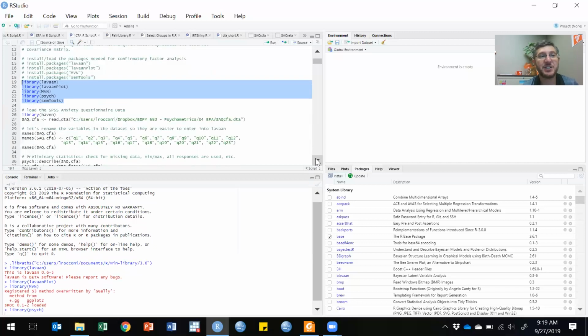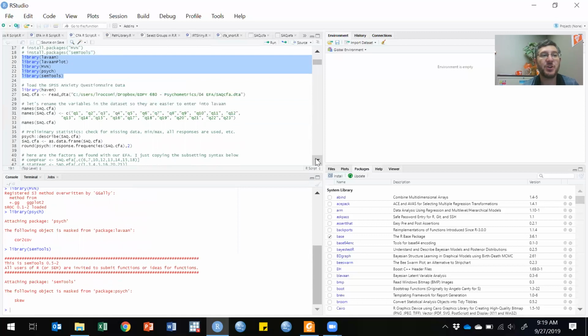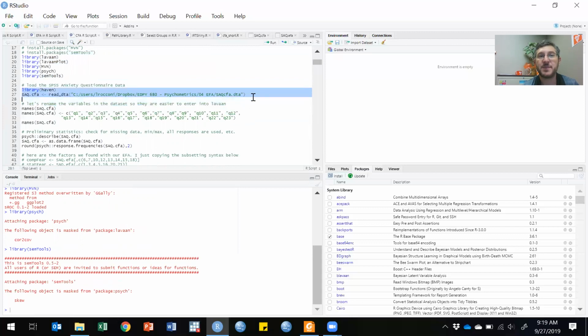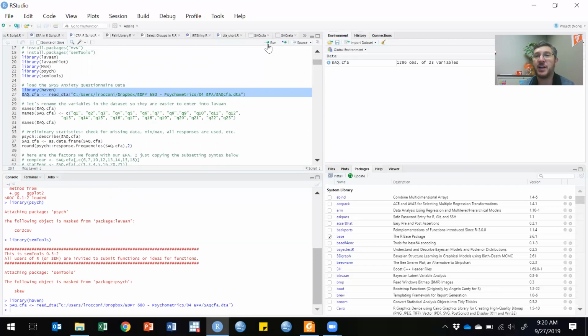So let's get our packages loaded, and then we're going to load our data set. Remember, before we ran our EFA, we decided to randomly split the data in half, and we were going to run the EFA on one half of the data and the CFA on the other.